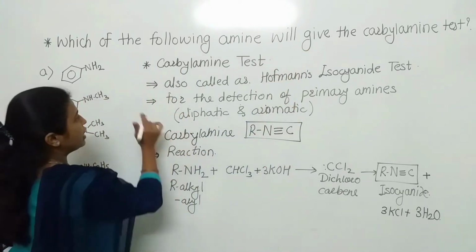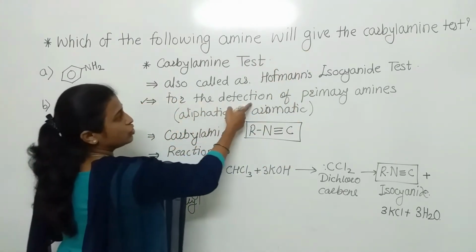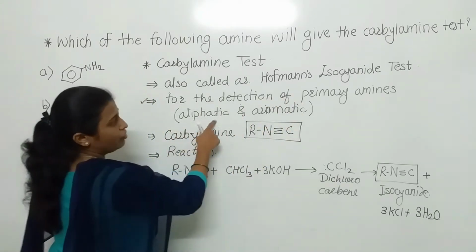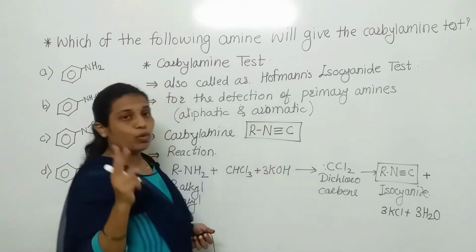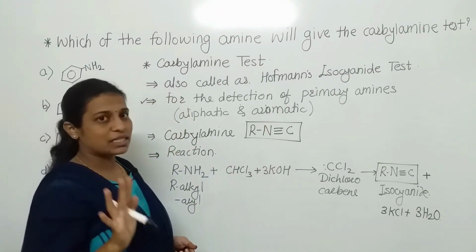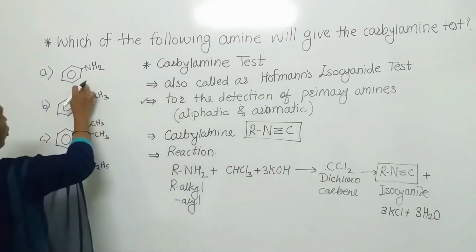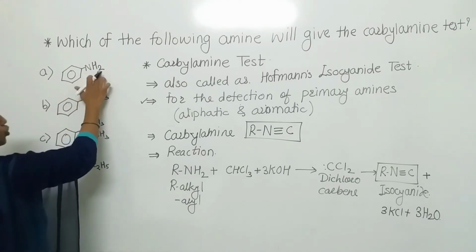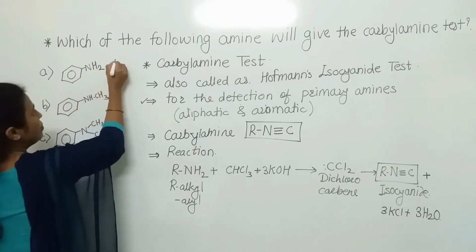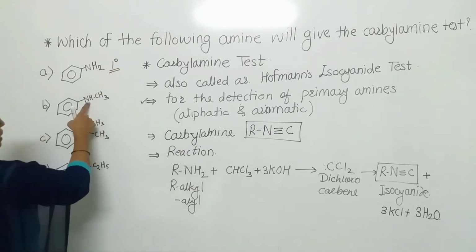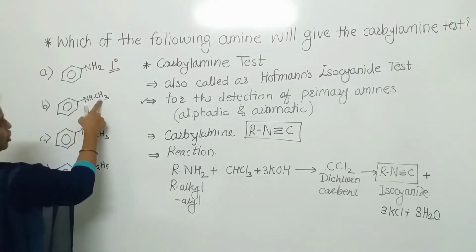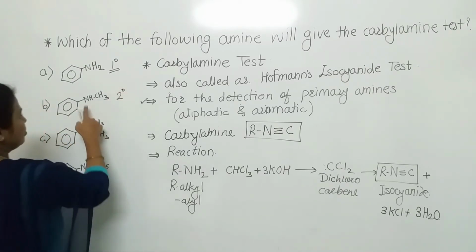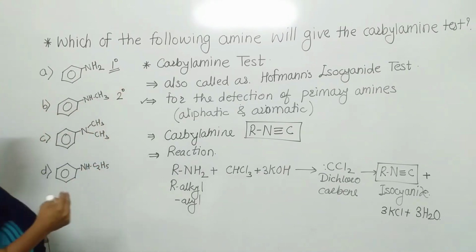Here I have already written that it is for the detection of primary amines, and in primary amines, aliphatic as well as aromatic both types are included. If we observe the options, in the first the nitrogen is attached to 2 hydrogens, means this is a primary amine. In the second, nitrogen is attached to 1 CH3 and 1 aryl group, means it is secondary, as 2 hydrogen atoms are substituted.